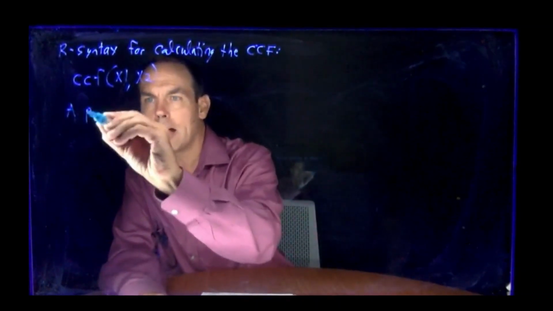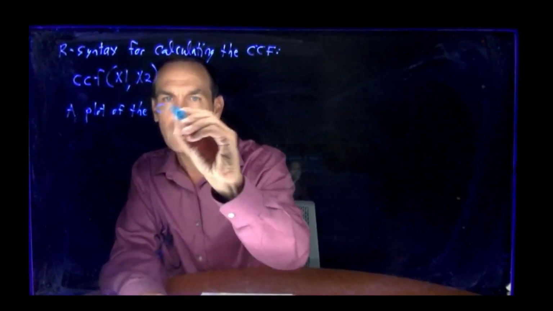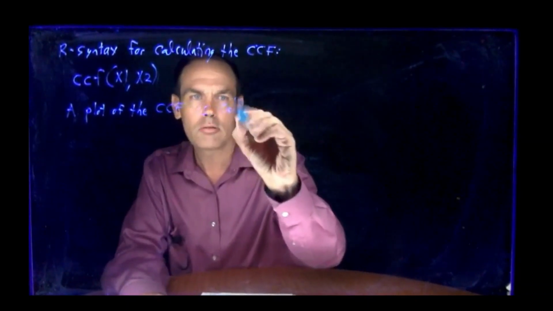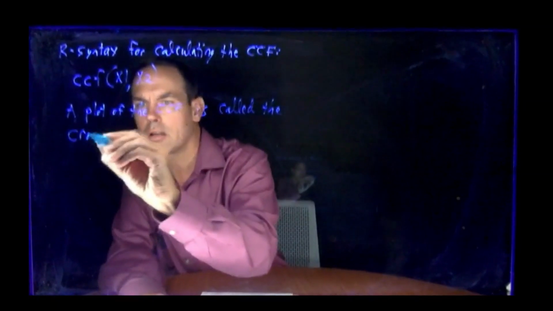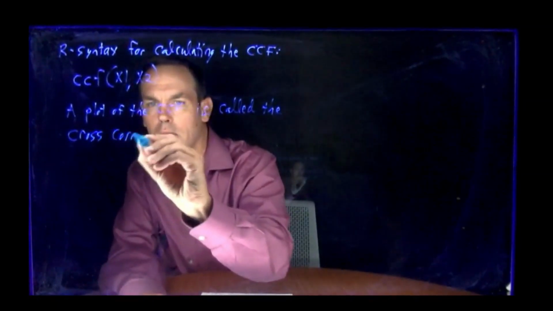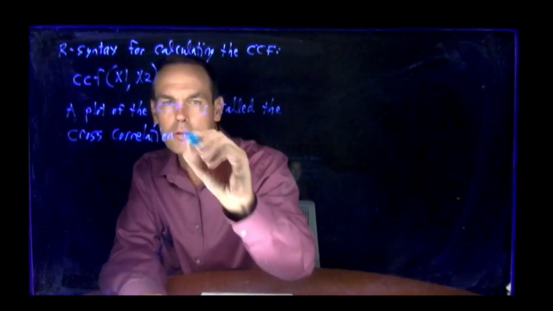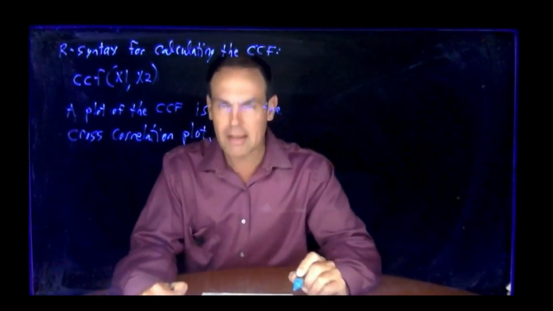So a plot of the CCF is called the cross-correlation plot. So not a real fancy name. Sounds about what you'd think it would be.